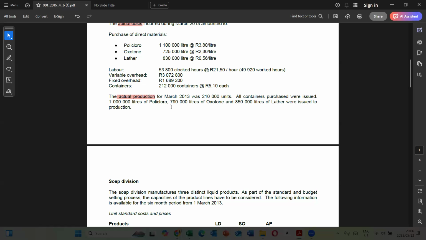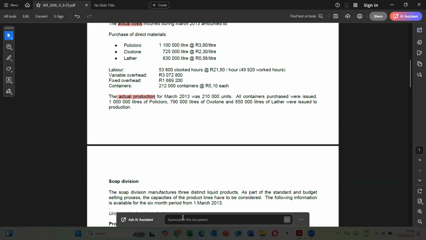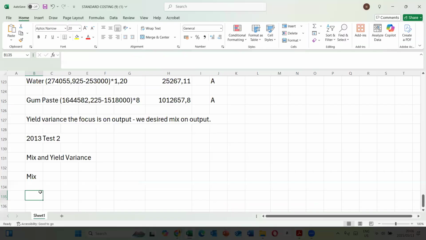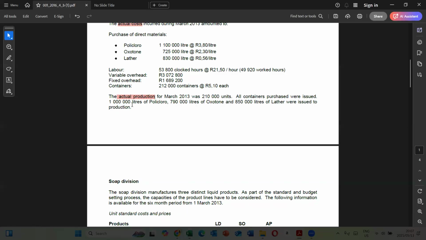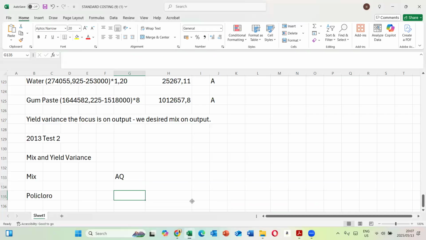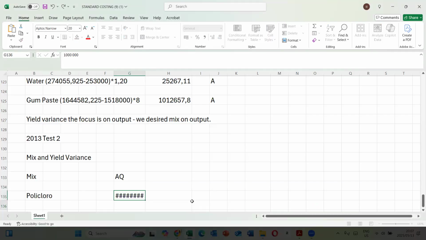So in regards to the raw material that they have, we have polychloro. In regards to this actual quantity of polychloro they used in production, you can see the actual quantity is sitting at 1 million liters. So they used 1 million liters of polychloro.